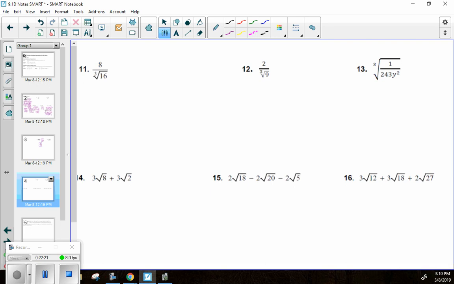And that means that essentially I need to figure out something to multiply this by so that I get a perfect cube. That's how I clear a radical. I get a perfect root for that. So if I have the cube root of 16, which is not a perfect cube, I need to figure out what I could multiply 16 by to get a perfect cube.